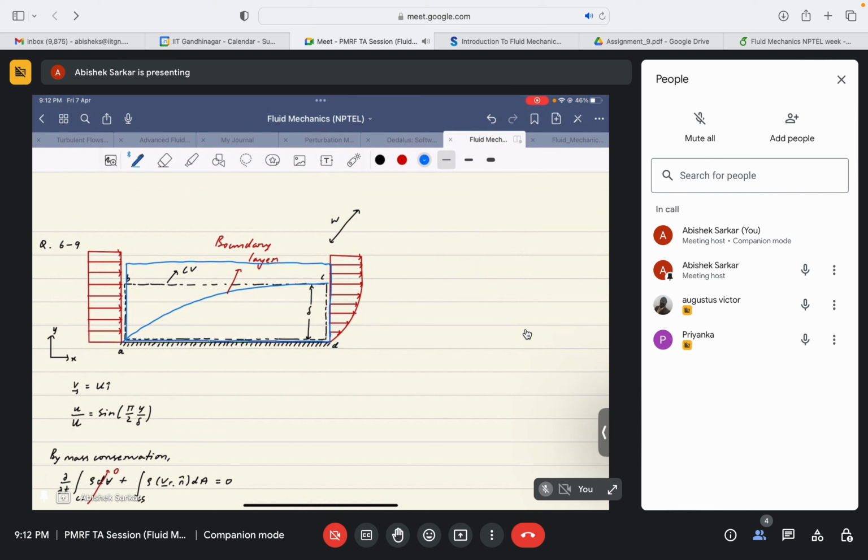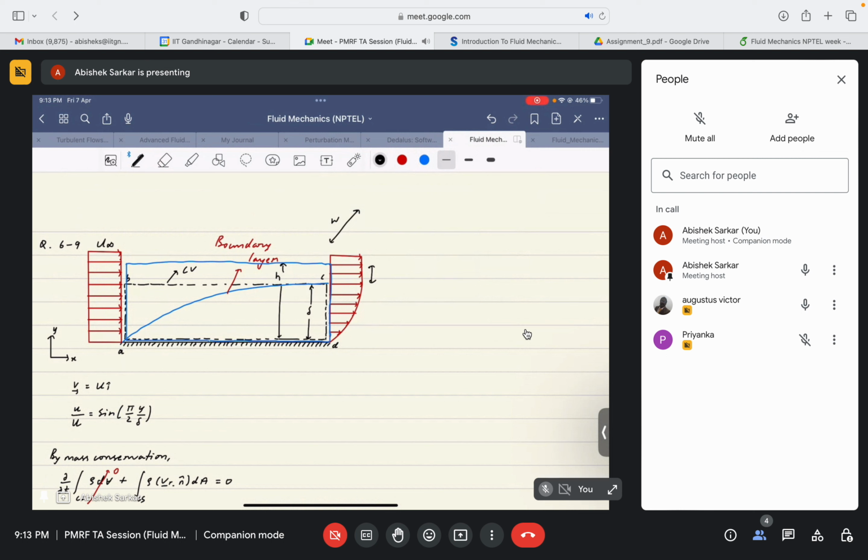Sir, across CD, the velocity will vary. Yes, because we don't know the u infinity also. No, u infinity is the same. It will be the same, but you do not know the velocity profile, even if you know h. Say you took it as h, your velocity profile is not available for this region, right?